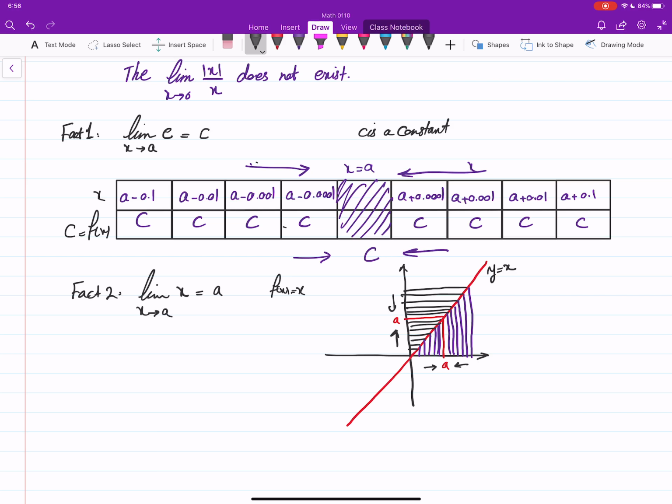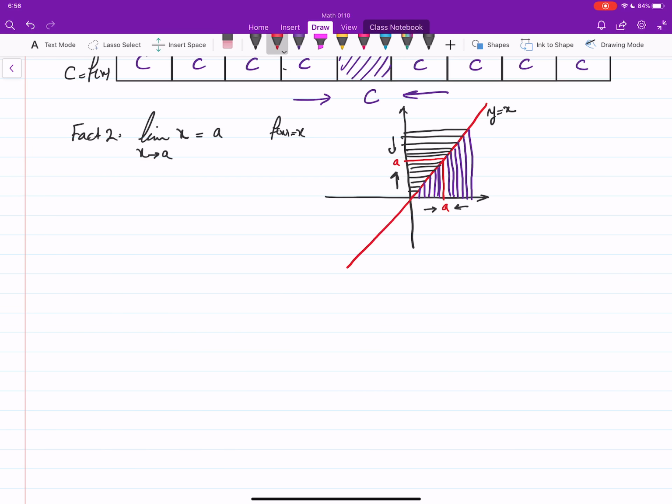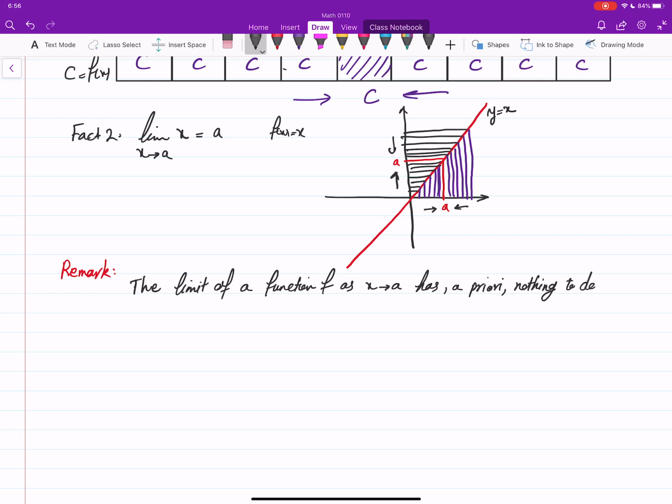Let me finish this video with an important remark that we have been saying all the way, but I need to write it down to put more emphasis on it. The limit of a function f as x approaches a has a priori nothing to do with the value of the function at a.